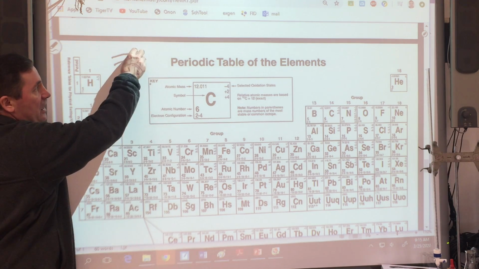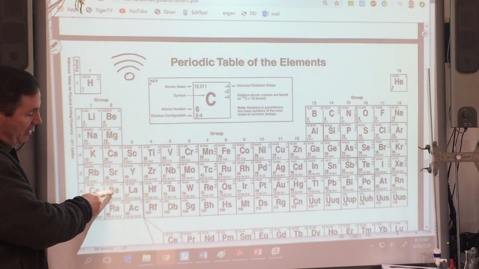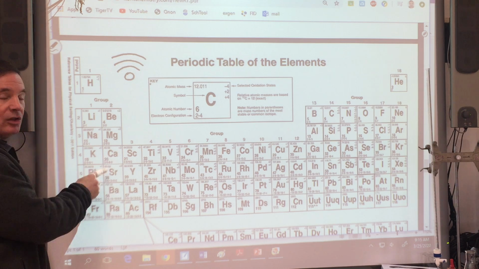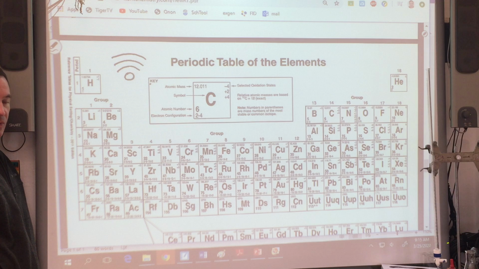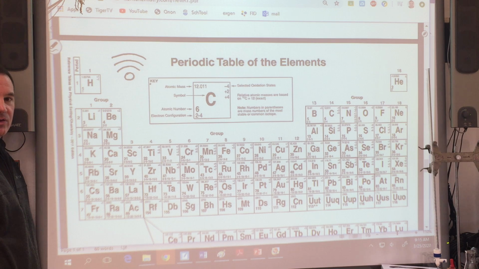So it's going to be easier to pull an electron off of barium than it is to strontium, because strontium's electrons are closer to the nucleus. There's a greater attraction. So the general trend is, as we go down a group, ionization energy is less because it's easier to pull electrons off.